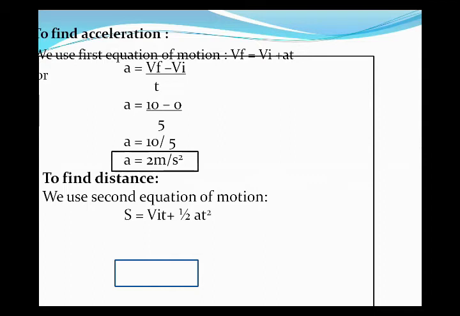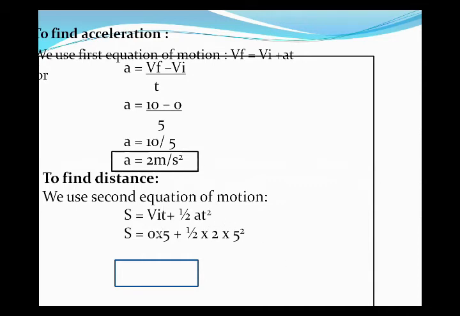So both formulas can be applied here to find the distance. The easiest formula here is the second equation of motion. That's why I'm using S is equal to VIT plus half AT square.